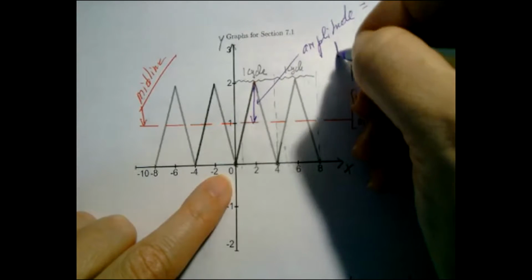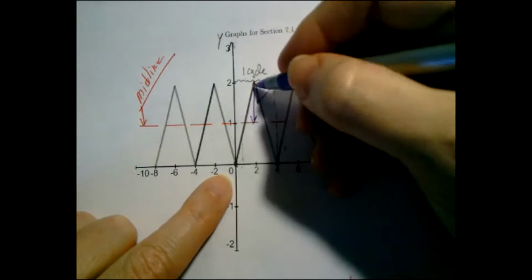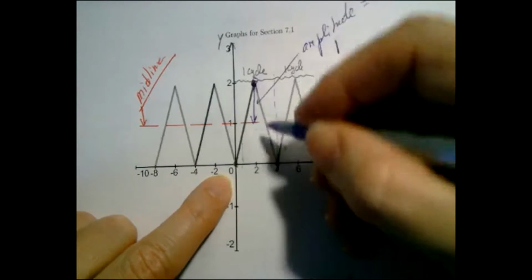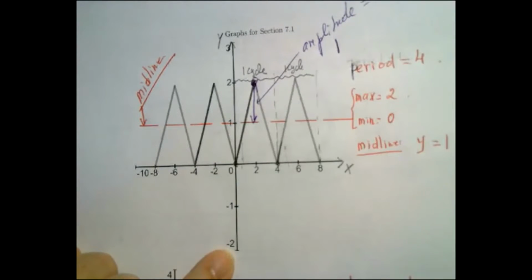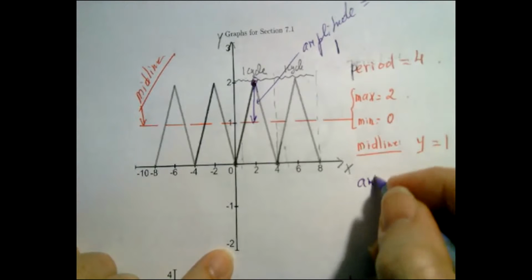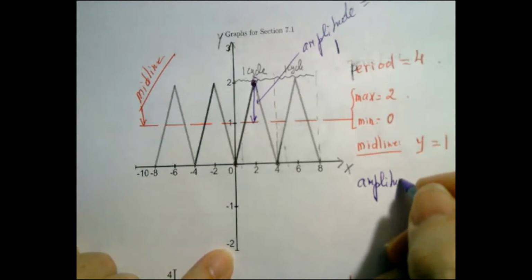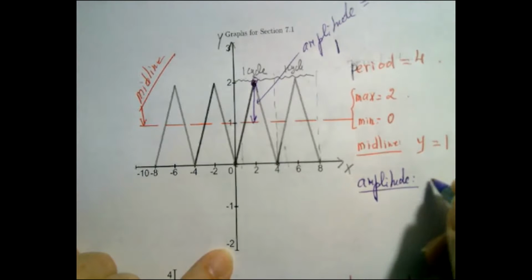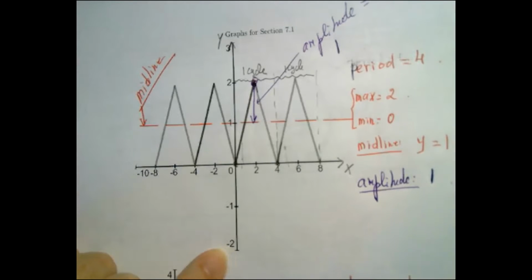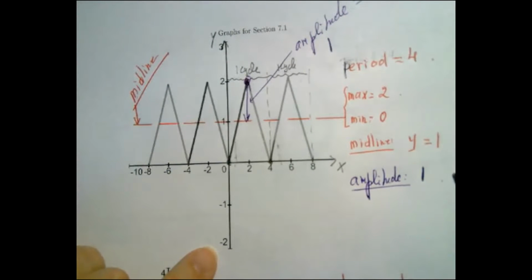The amplitude in this case is equal to 1. So it's the distance between the maximum value and the midline, which is equal to 1.